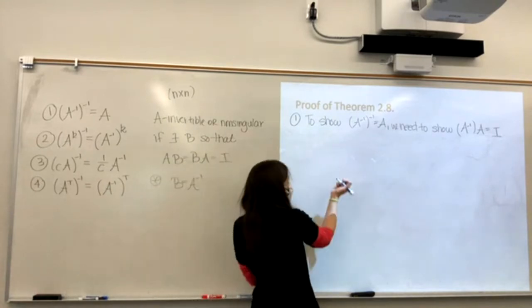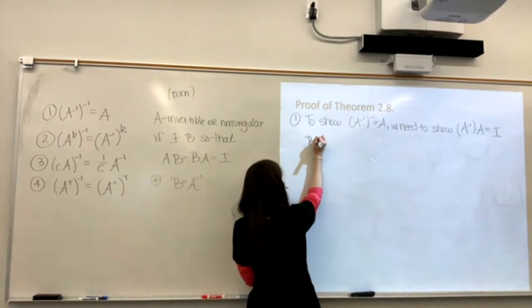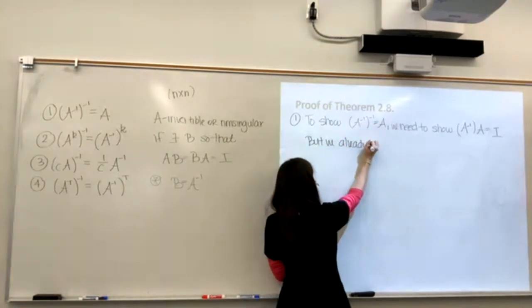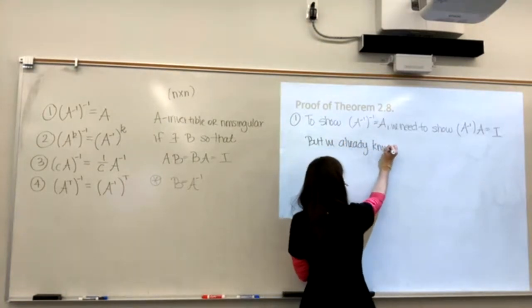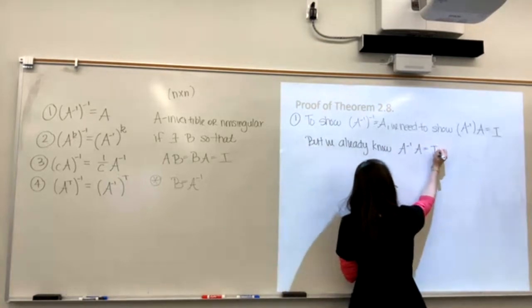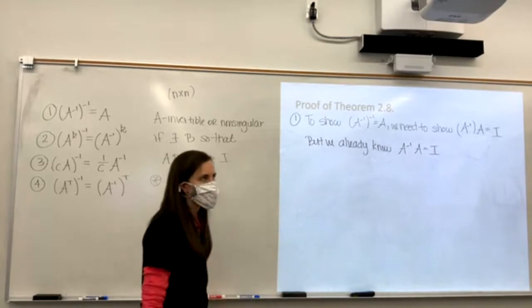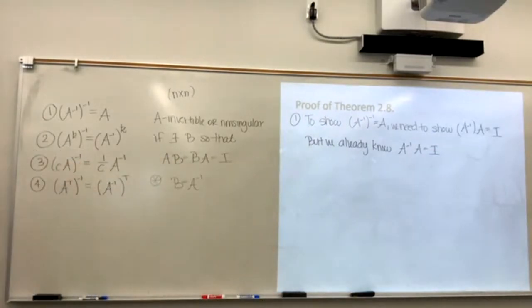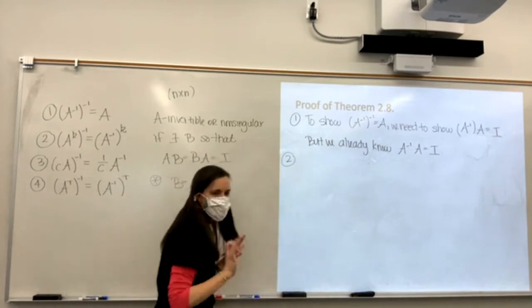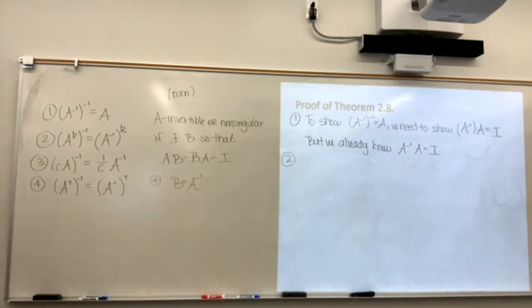But we already know that A inverse times A is the identity. So there's actually kind of nothing to say there, it's just immediate.